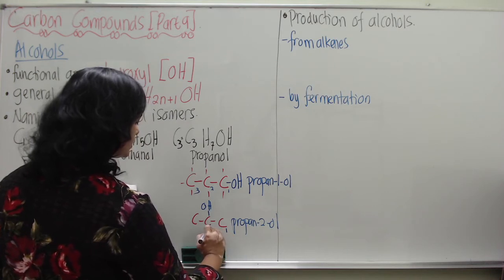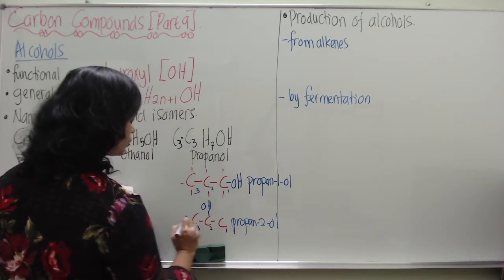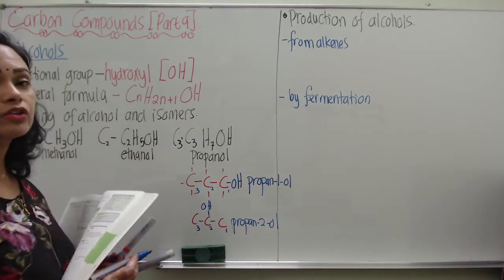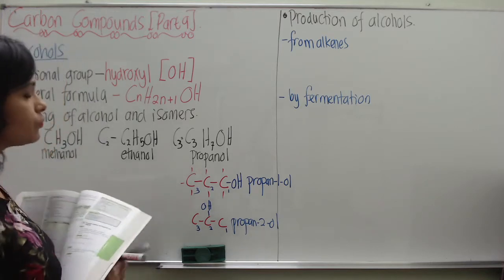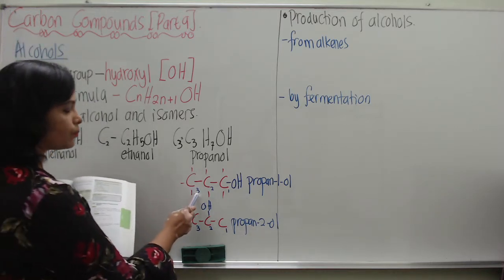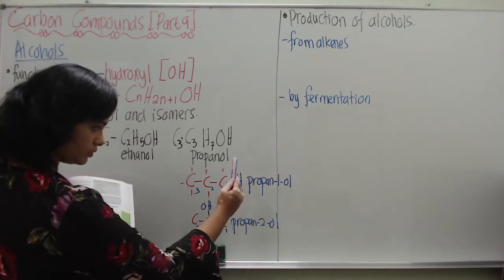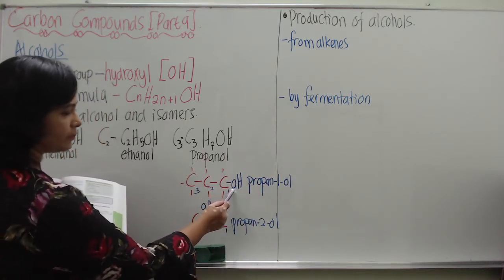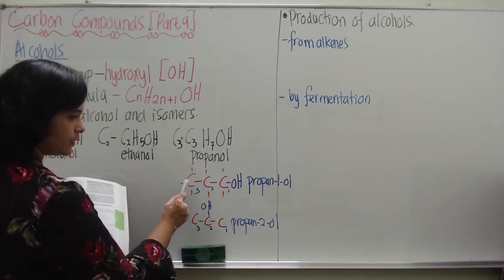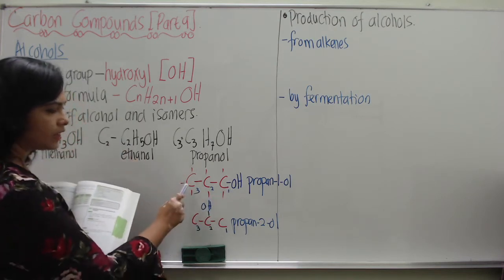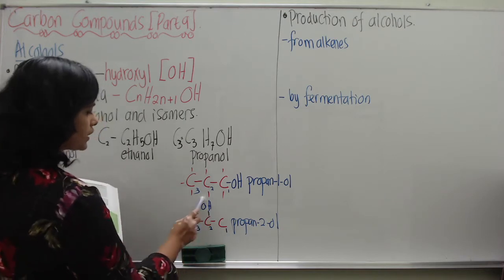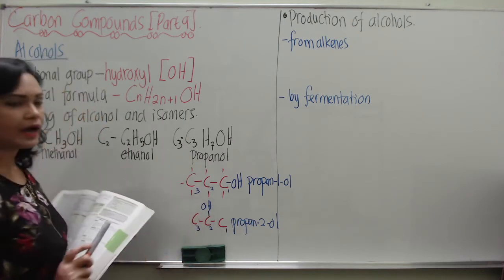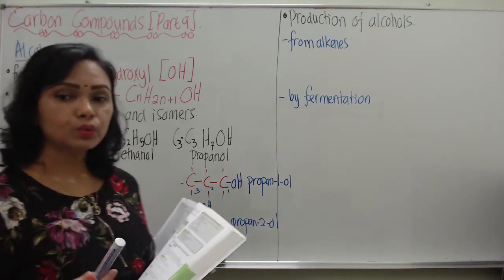Because the OH, the main functional group hydroxyl, is on carbon 2. So the isomers for propanol are propan-1-ol and propan-2-ol. Technically the OH can be here or here. If the OH is here, this carbon will automatically be the first carbon. Or the OH will be attached to the second carbon, so it will be propan-2-ol.